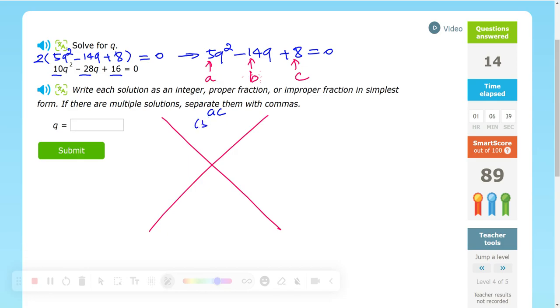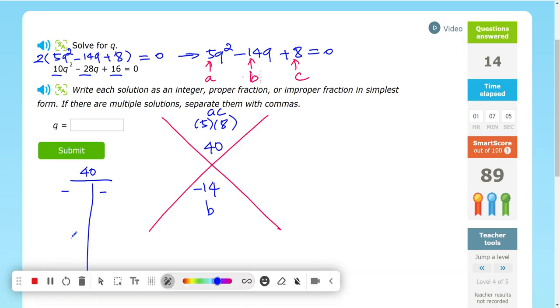So I put number 5, multiply with 8, which will be 40, okay. And now the B over here is negative 14, okay. So you need to find two numbers, multiply equal 40, add together equal negative 14. So if you do a little factoring over here, okay, two numbers multiply become positive 40. So these two numbers have to be both negative, okay.